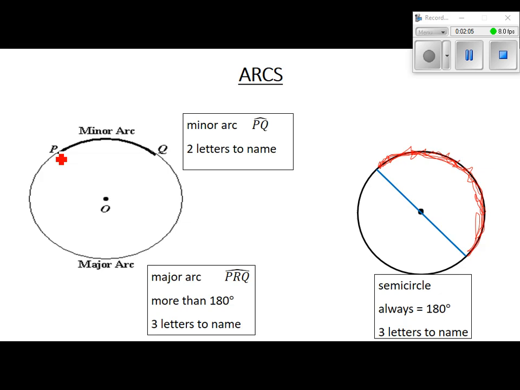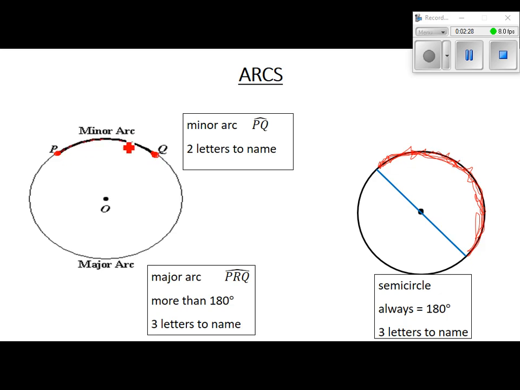Talking about arcs, fill in what you need to fill in on this. A minor arc is an arc that's less than 180 degrees, so less than half a circle. Whenever you name a minor arc, you name it with 2 letters.